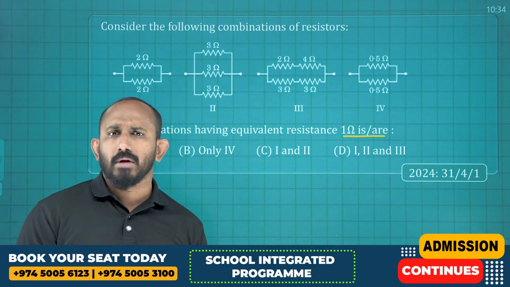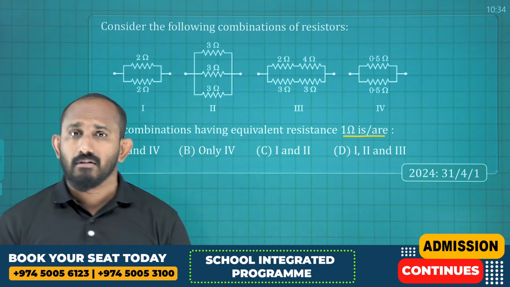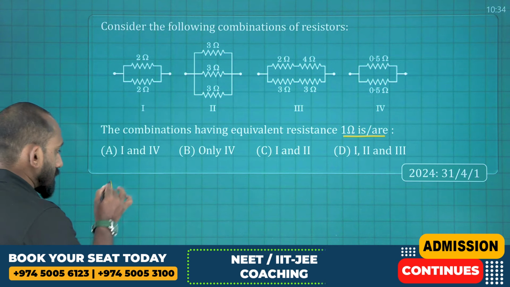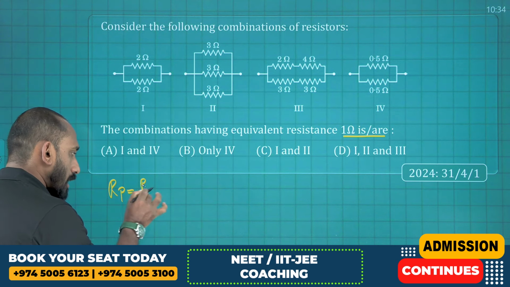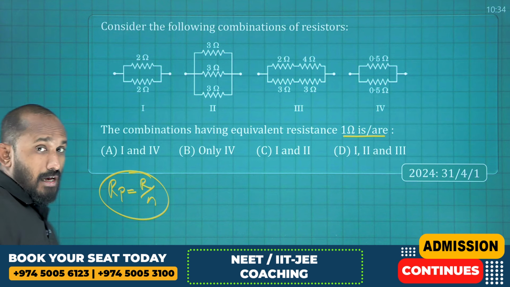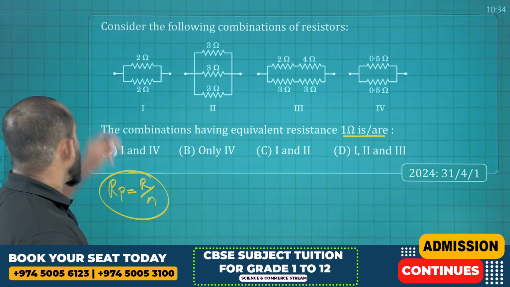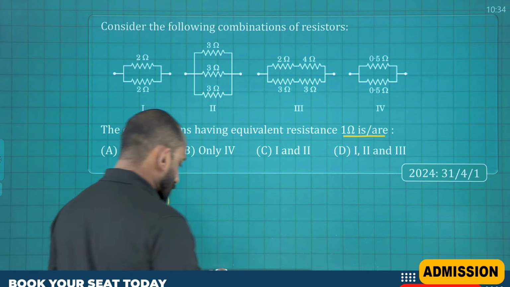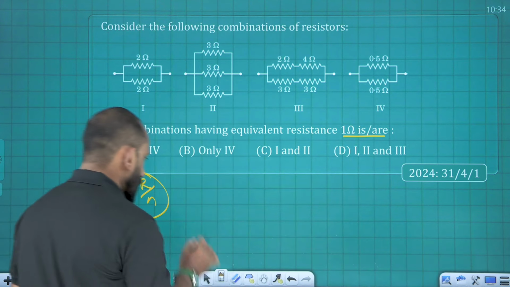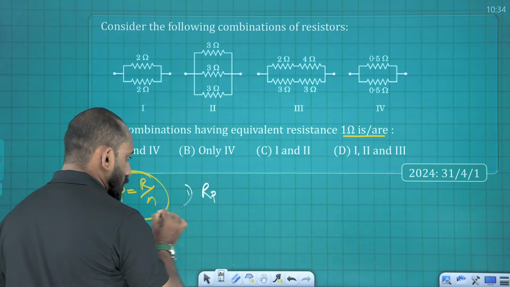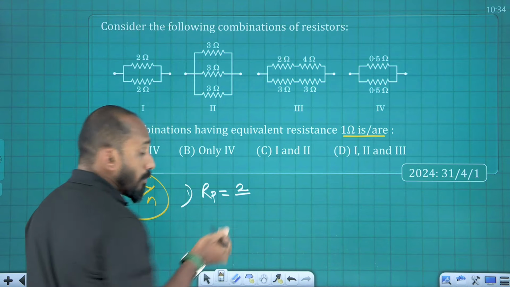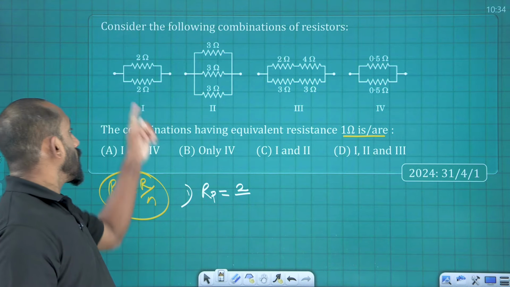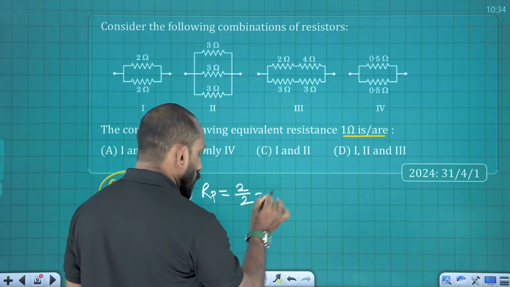So in a parallel combination, if they are identical values, as we discussed, Rp will be R by N. Check the first one: 2 ohm and 2 ohm are identical. So in the first case, Rp is the value of 1, which is 2 ohm, by how many are there, 2. 2 by 2, that is 1 ohm.